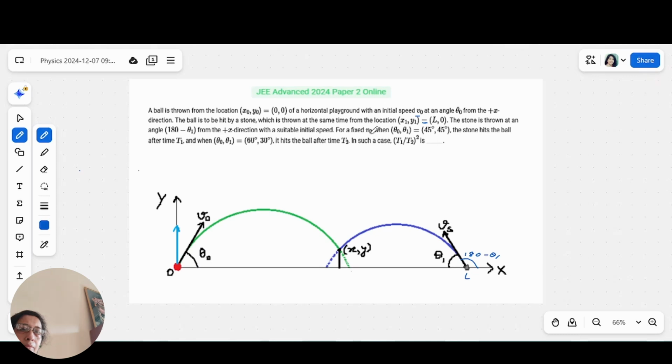For a fixed v0, when theta 0, theta 1 are 45 and 45, that means the ball is making an angle 45 degree with the x-axis and the stone is making an angle 45 degree with the negative x-axis, or actually theta 1 is 45 degree, so 180 minus theta 1 is 135 degree.